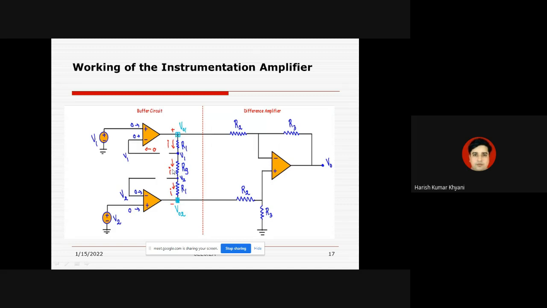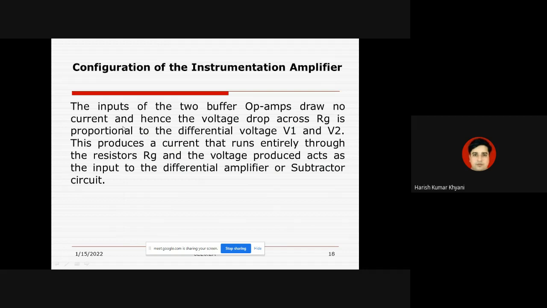Earlier we have written the expression of this current IG in terms of RG. Now we'll try to write the expression of this current looking at the total branch circuit just by the application of Ohm's law. The two inputs of the two buffer op-amps draw no current, and hence the voltage drop across RG is proportional to the difference between V1 and V2.